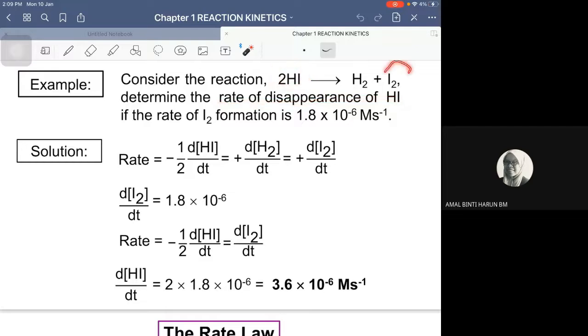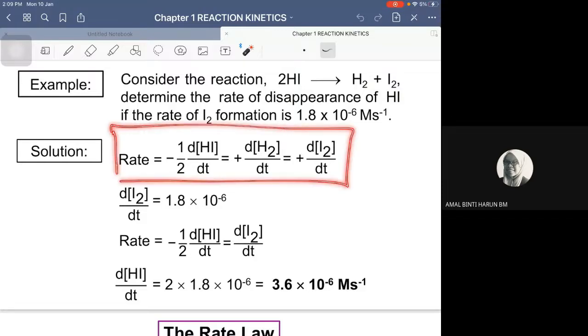So kalau kita ada rate formation ini, kita nak cari rate of disappearance HI, kita boleh hubungkan antara rate iodine dan rate HI. Apakah hubungan dia? Kan equation and then tukarkan kepada differential rate equation macam ni.